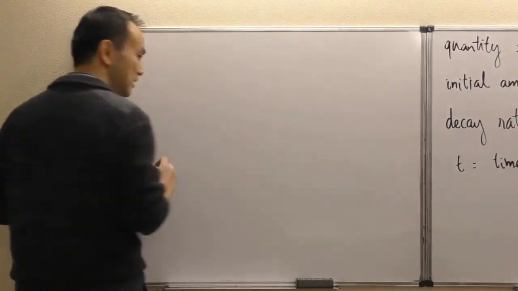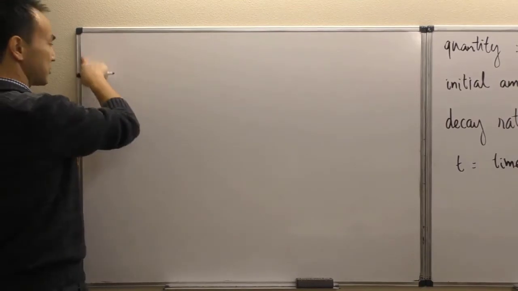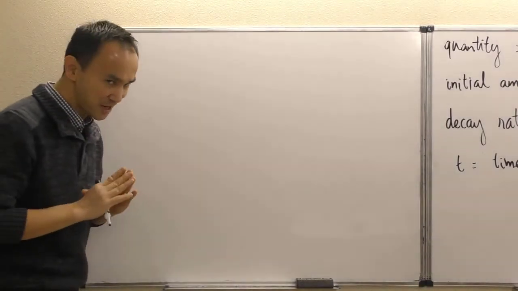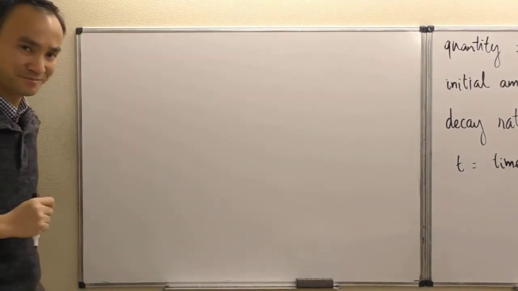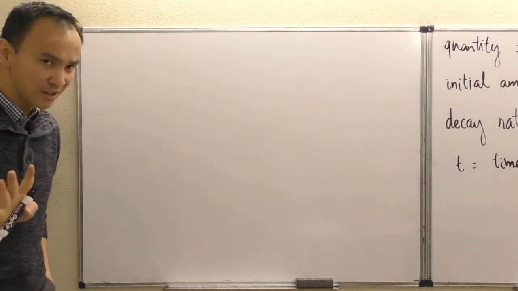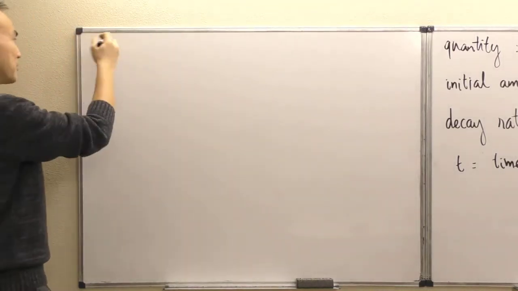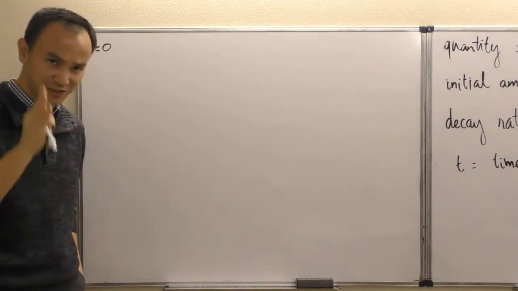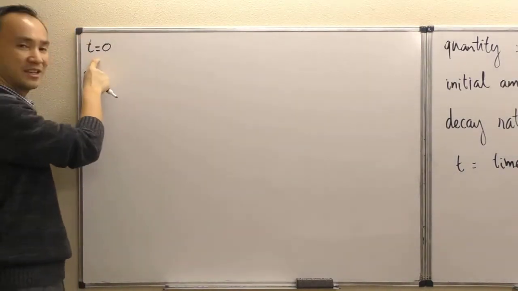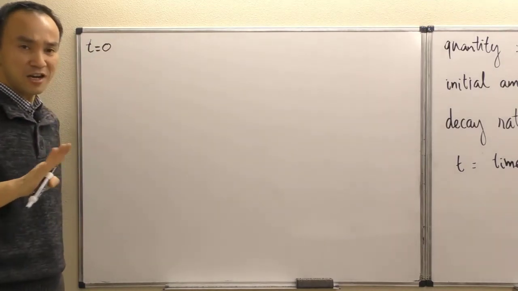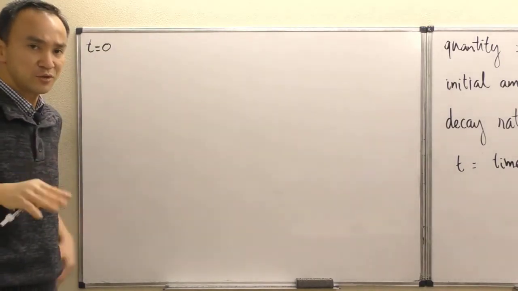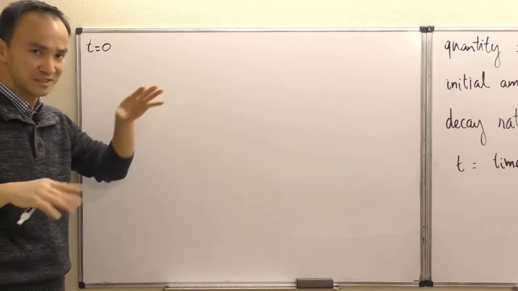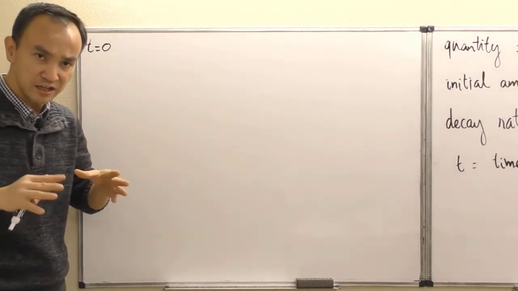On this board, here's how I'm seeing it. It's very similar to the earlier work, slightly modified, but very similar. I'm going to start out at t equals 0, right at the initial time. I may not have used this term yet in the earlier problem, but when t equals 0, we call it the initial time.